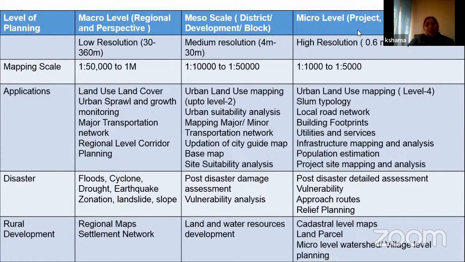Similarly, if you go to micro level where you have this high resolution, now 0.3 meter to 4 meter data is available, up to 0.3 is also available. So that can be utilized for 1:1,000 to 1:5,000 mapping. So there you have urban land use, slum, local road network, building footprint, and many more: population estimation, solar potential estimation, rooftop water harvesting, so many things you can do because the basic information for all these applications is your building footprint.